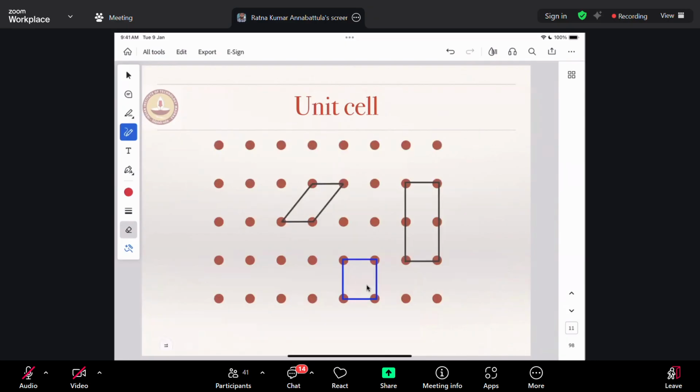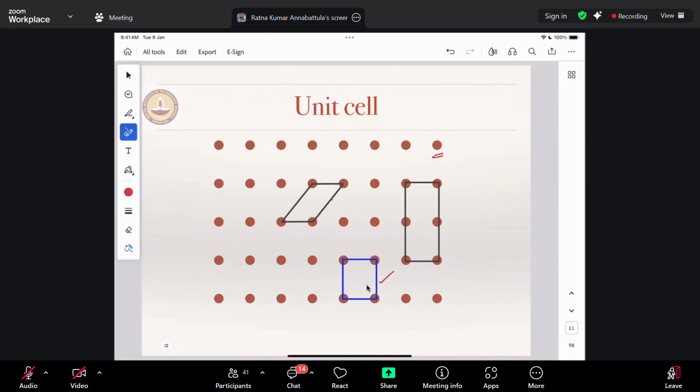Okay. So now if you look at this particular lattice, when I say lattice, I am only talking about these points. If I did not draw these figures to begin with, you could find out how many such unit cells are possible.